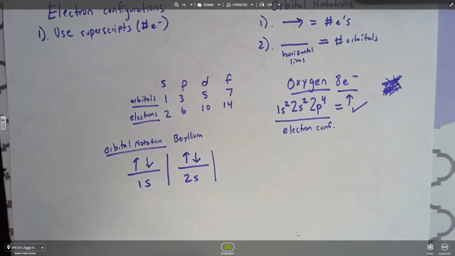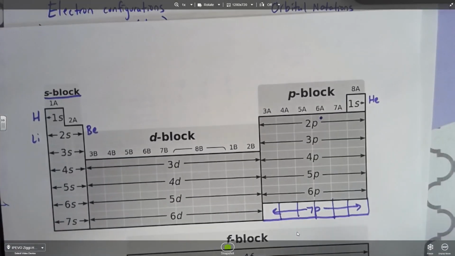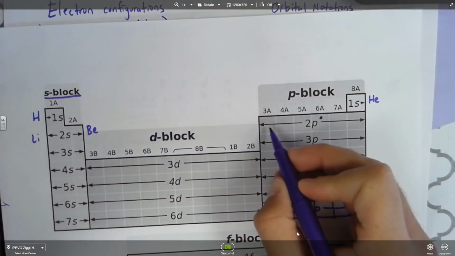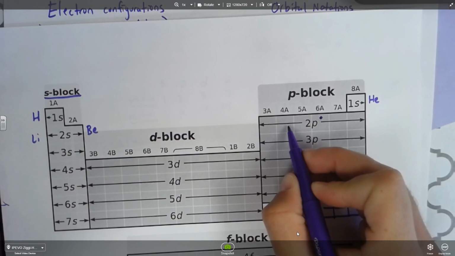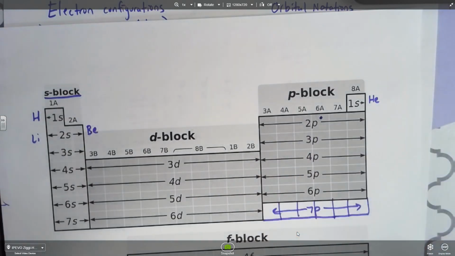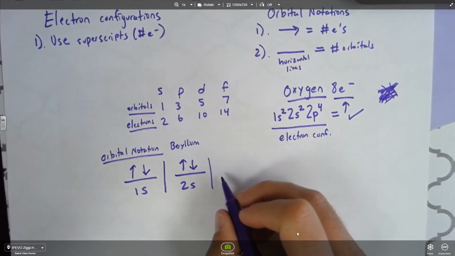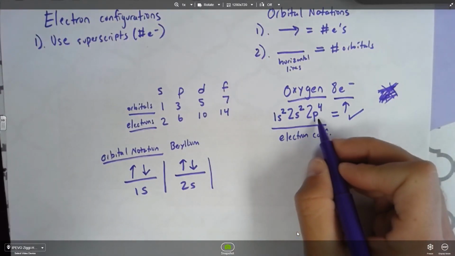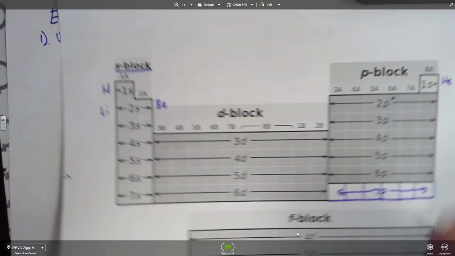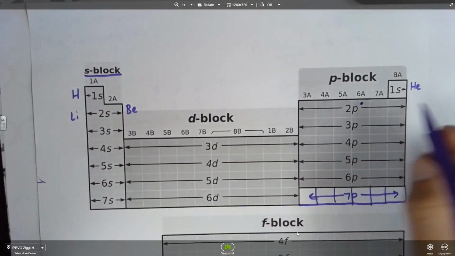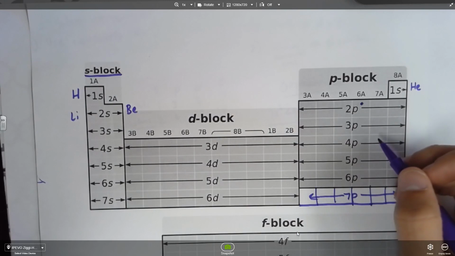Okay, so after 2s on here comes 2p, right? So we read it like a book. 2p1, 2p2, 2p3, 2p4. We need 4 electrons in 2p. Now, every p orbital, not just 2p, every p orbital, as you can see here, has the same number of total electrons in it, 6, okay?